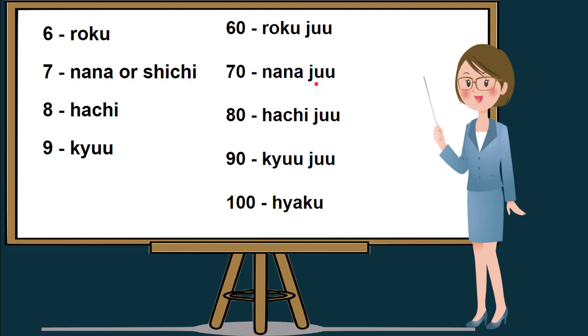shichiju. For 80, we just have to say hachi for 8 and add 10, which is ju.